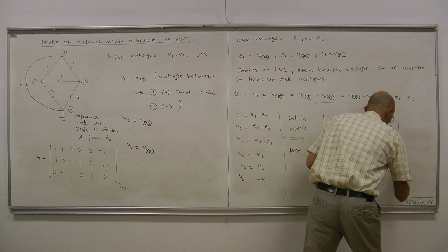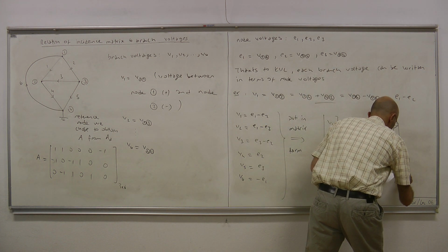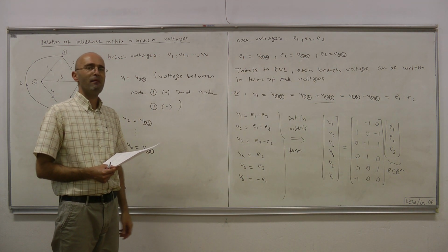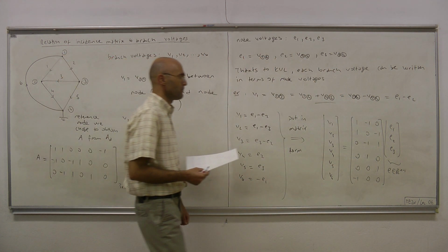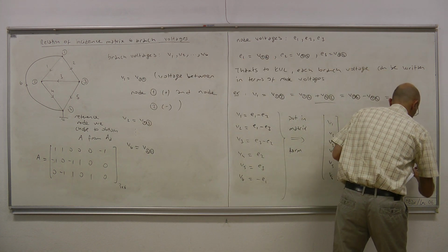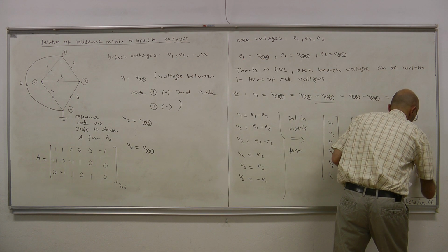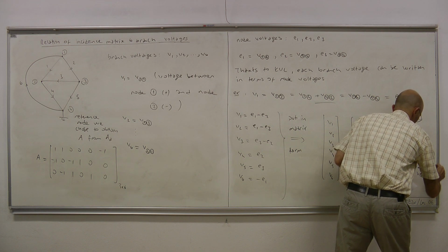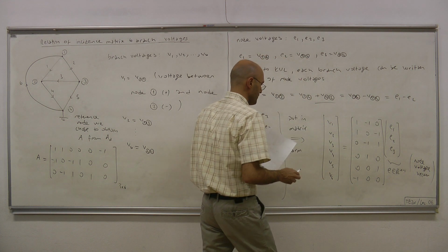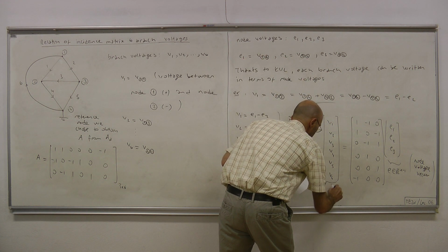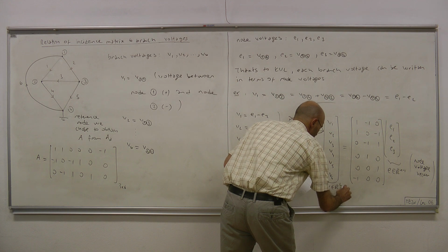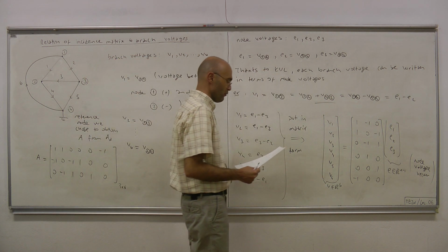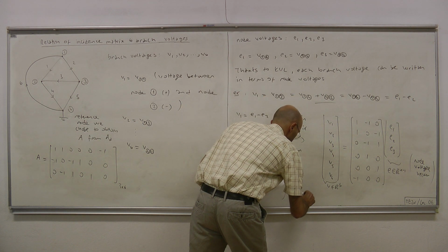This is the node voltage vector E. Its size is n minus 1, where n is the number of nodes. And we have this vector here, let's call it V. Its size is b, the number of branches. This is the branch voltage vector.